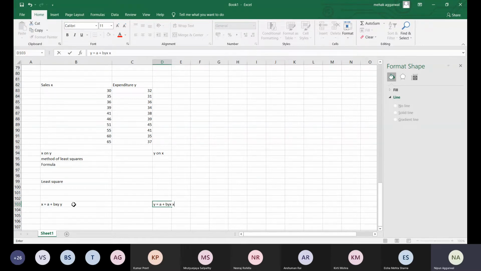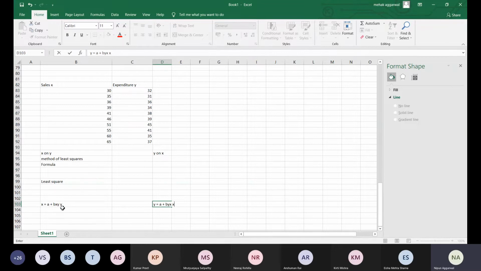Now we want to find the values of a and bxy. हमने a और bxy की वैल्यू निकालनी है. Ultimately we want to find the value of a and bxy.